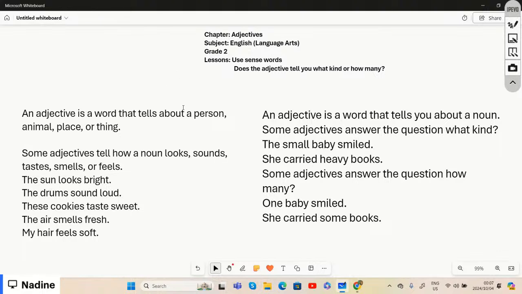And when it comes to adjectives, they either tell you what kind or they tell us how many. And we're going to find out what it means when adjectives ask us what kind or how many.